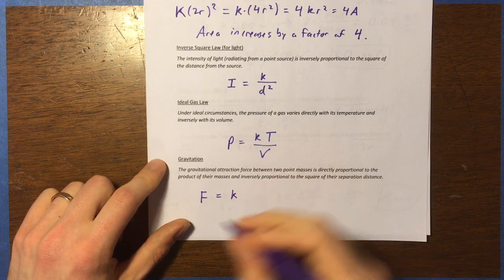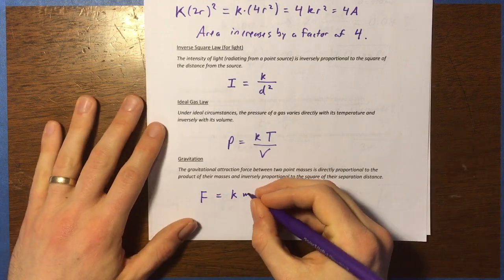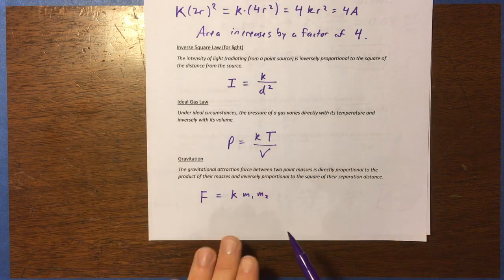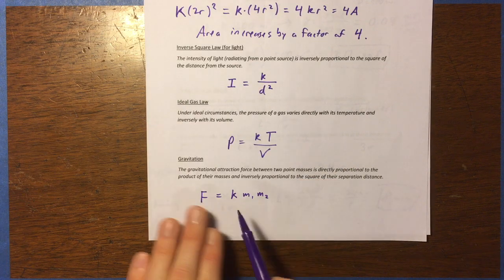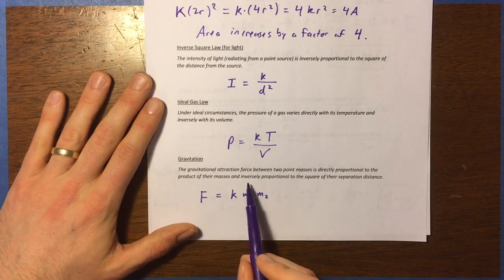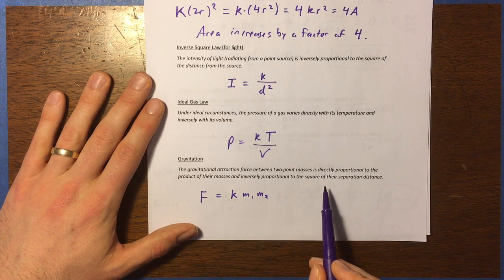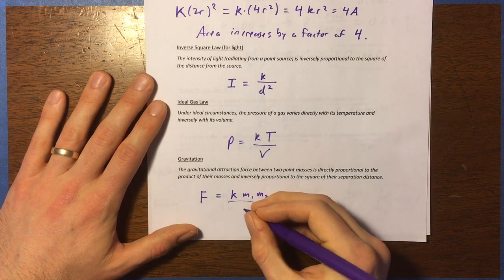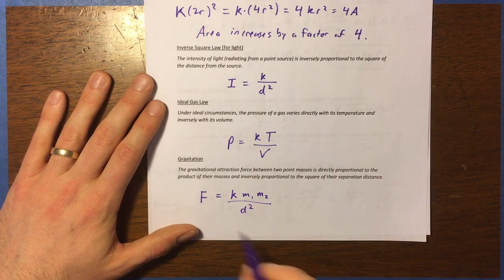Product means multiplied together, so it's mass 1 times mass 2. So that's like joint variation. It's directly proportional to two different things and their product. But then it's also inversely proportional to the square of their separation distance. So divided by the square, d squared, of the distance between them.